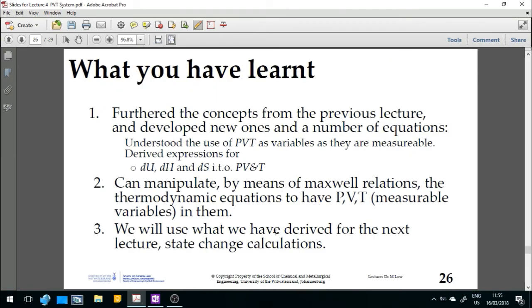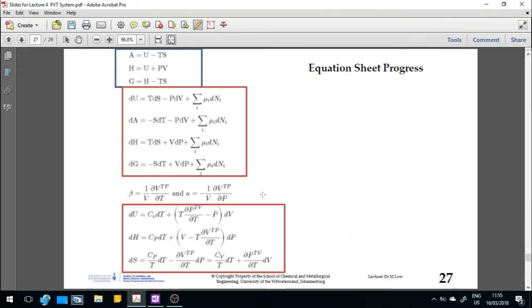So essentially what you learned in this lecture, what I want you to walk away from, is that by using what you know about canonical variables and Legendre transforms and Maxwell relations and identities, because you can use those identities to find Maxwell's, and by the criteria of exactness, and if you know the thermodynamic definitions of what Cp and Cv are, you can rewrite these equations in terms of measurable thermodynamic properties, and that's temperature, pressure, volume.